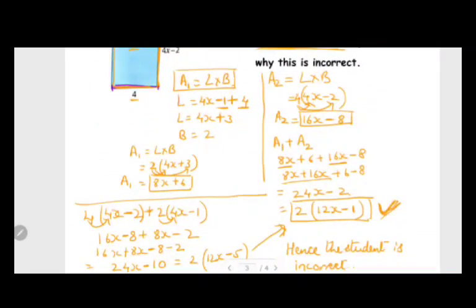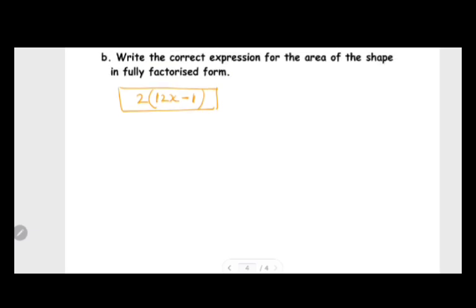Write down the correct expression for the area of the shape in fully factorized form. So we've already solved the B part, which says 12x minus 1. So your answer is 12x minus 1. That's the correct answer.